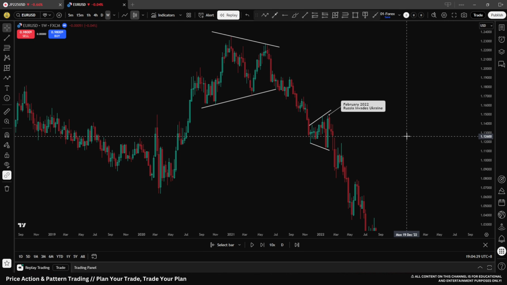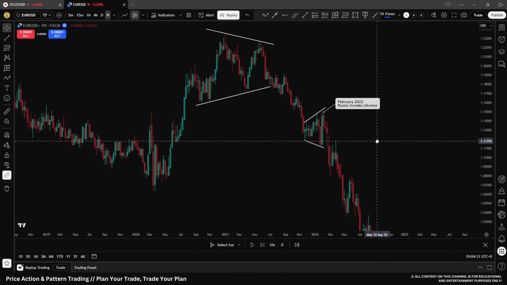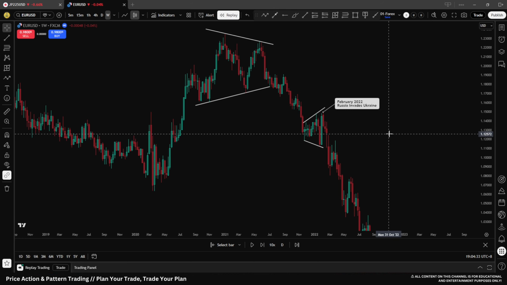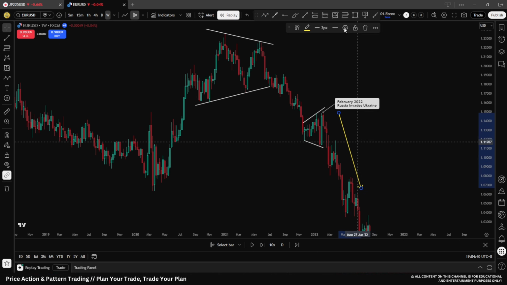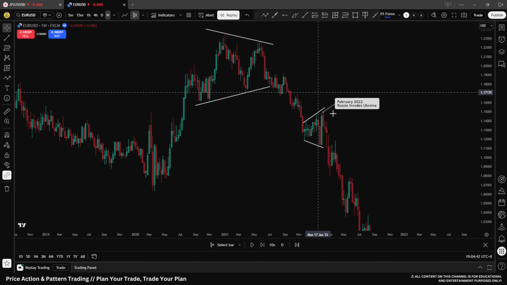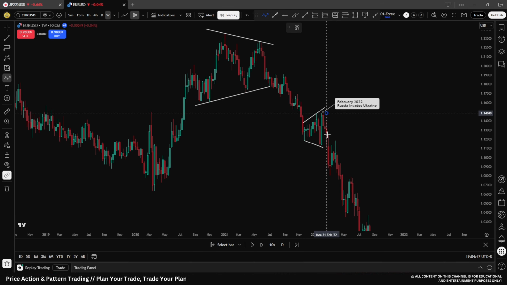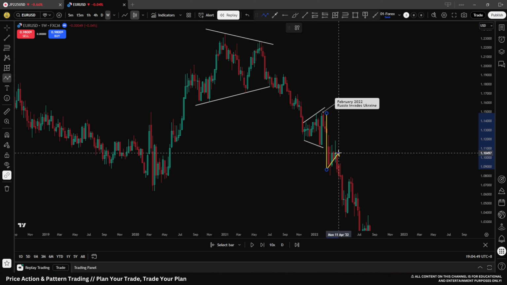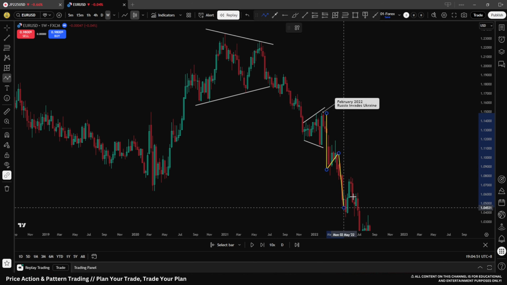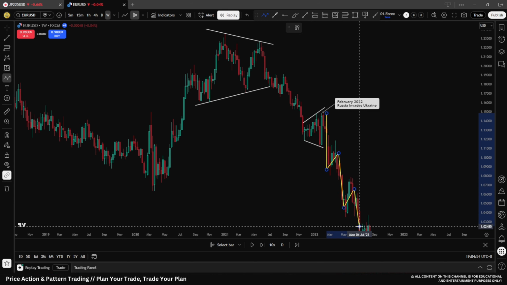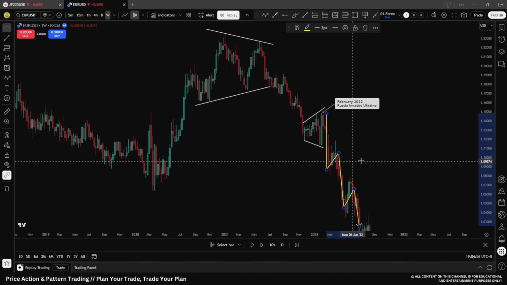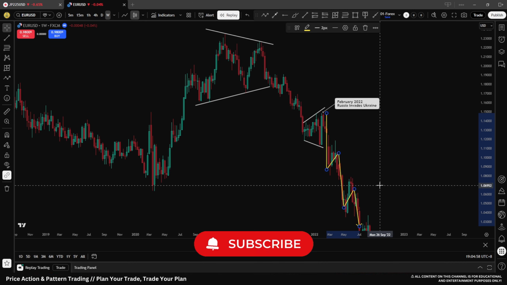So let's have a look at this impulsive move after Russia started the invasion in Ukraine. So we have the overall bearish sentiment here, and we are still on the weekly time frame. And you can see, just with natural progression, you would expect after this impulse a correction, an impulse, more correction and further impulses until we get another large fundamental change in sentiment.